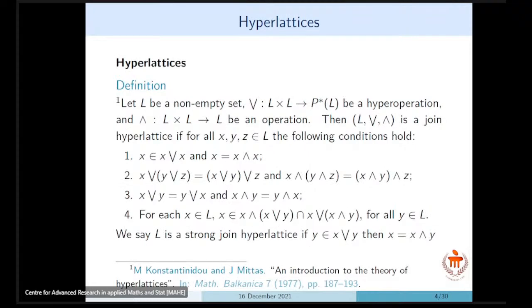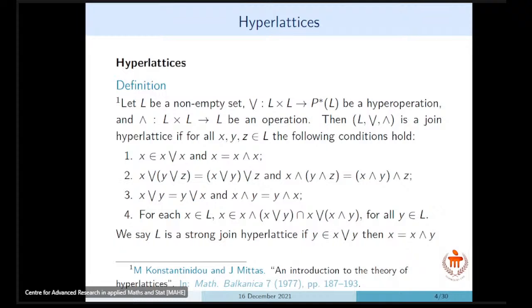What is a hyperlattice? We know that in a classical lattice, there are two binary operations, meet and join. Here, one of the binary operations is converted into a hyperoperation. That is, join we are keeping as a hyperoperation, and the meet is retained as a classical operation. With these two operations on a set L, if these properties are satisfied, then we call that structure a hyperlattice.